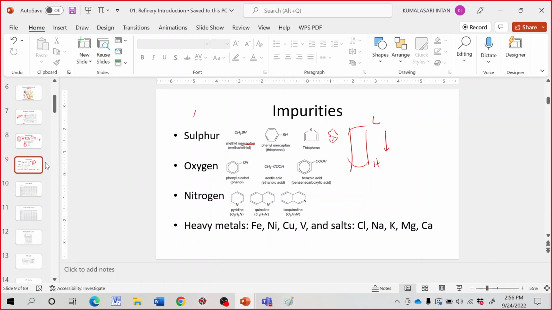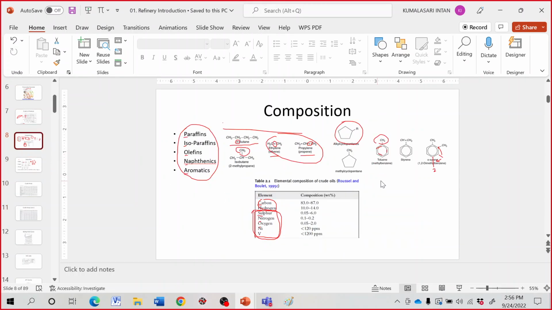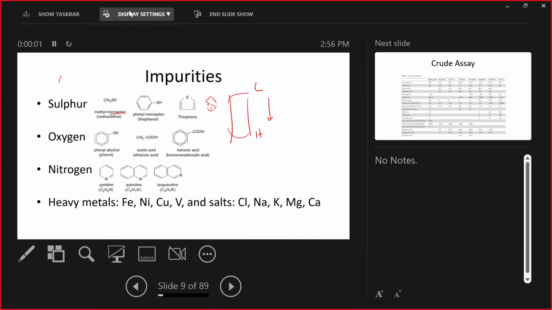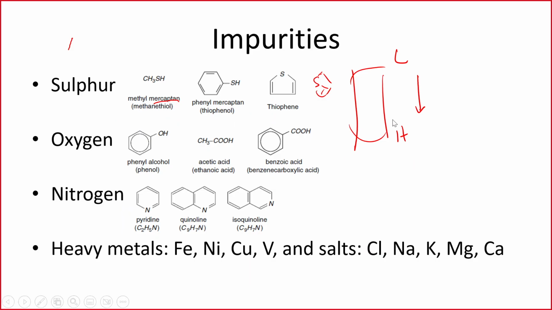So you can see here the aromatics. So you can also have polyaromatics. So you have many aromatics, and in many cases where you have the heavy part over here, the sulfur is trapped in those aromatic and polyaromatic structures. The same way with the oxygens, nitrogens, and then heavy metals.